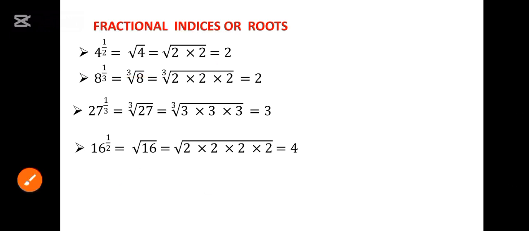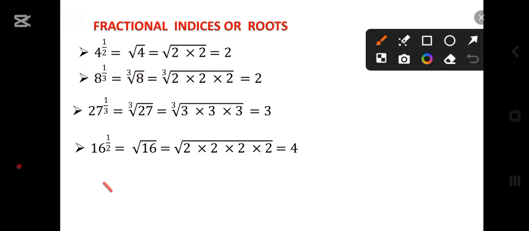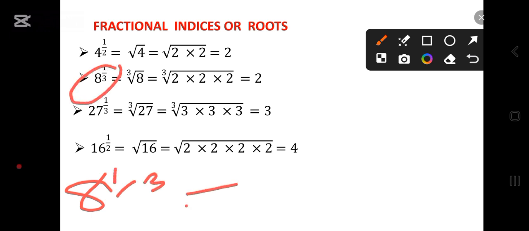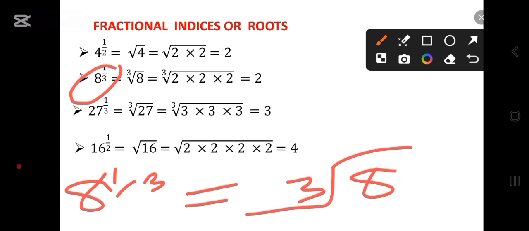Another example, we have 8 raised to power 1 over 3, which we have here. According to the law, the denominator is 3. So it becomes the cube root of 8, while the numerator 1 becomes the power. So the cube root of 8 is 2.